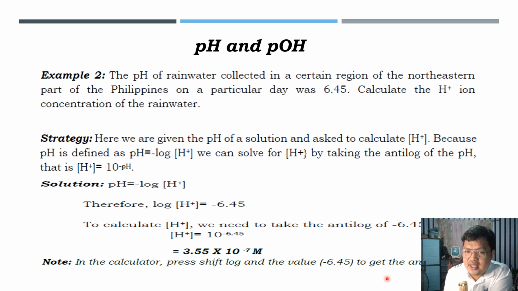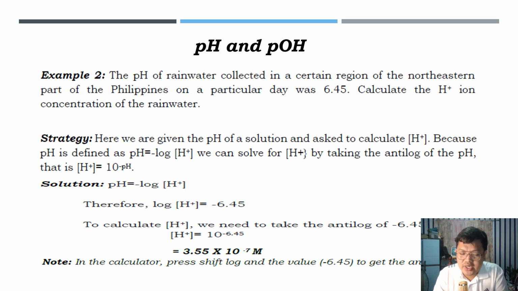Now to calculate the H plus concentration, we need to take the antilog of negative 6.45. So H plus is equal to 10 raised to negative 6.45. So let's try to use our calculator in order for us to get the antilog of the pH. Now we are going to input here the shift first in your scientific calculator and then press log.